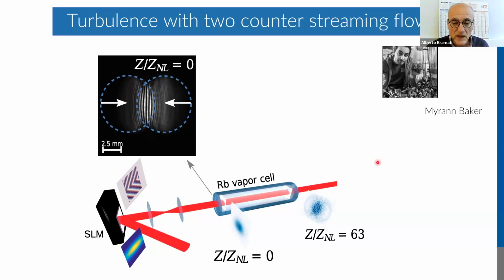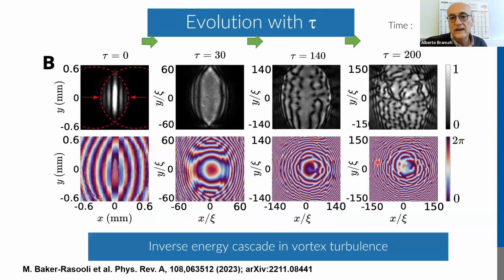But then during the evolution, we have different times here that correspond to the propagation inside the cell, because the effective time is given by this formula here, where L is the length of the cell, and ZNL is an effective length given by the nonlinear interaction.